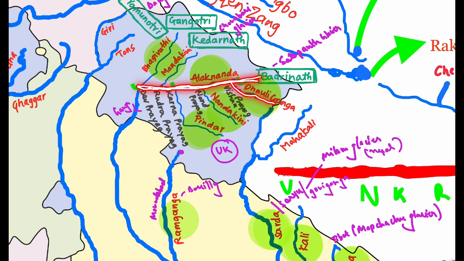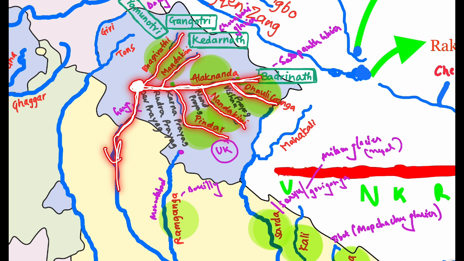Here Dholi Ganga meets, which is called Vishnu Prayag. Nandakini meets, which is called Nand Prayag. Pindar meets at Karnaprayag. Then Mandakini meets at Rudraprayag. Bhagirathi meets at Devaprayag. So this is called Panch Prayag, which finally comes into Haridwar.